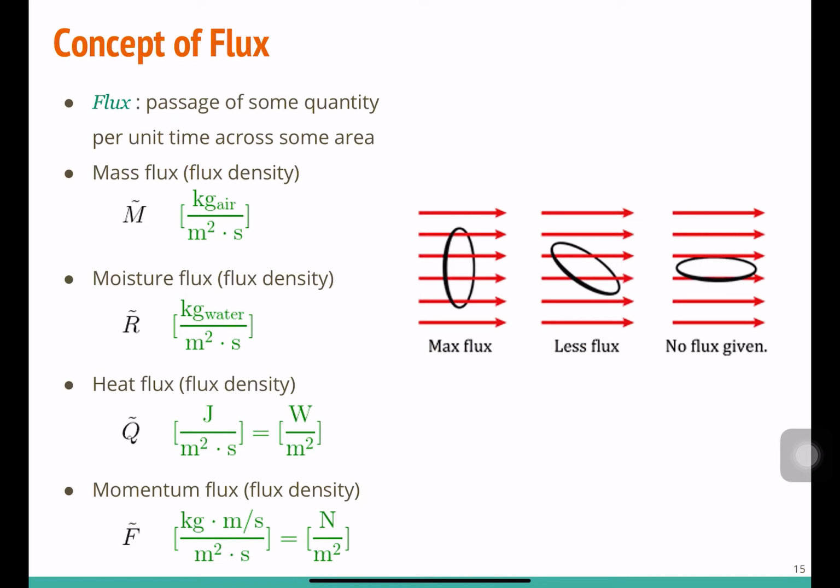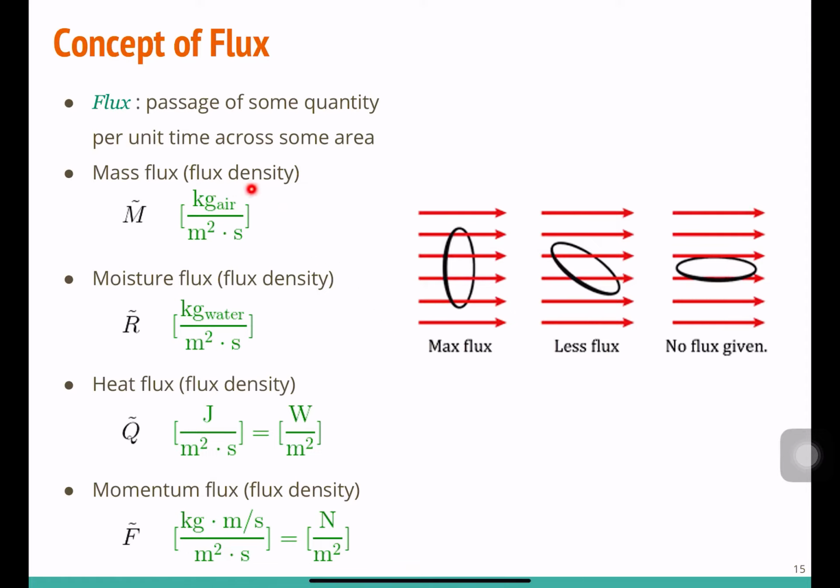Okay, so because it's direction dependent, if your physical quantity is passing through the area like this, it would be the maximum flux achieved. And here, no flux is given because the thing is not passing through this area. Okay.